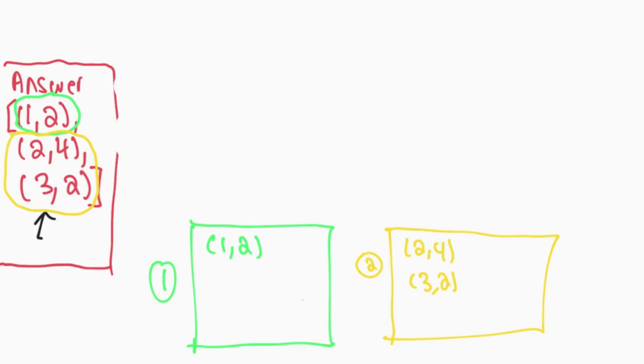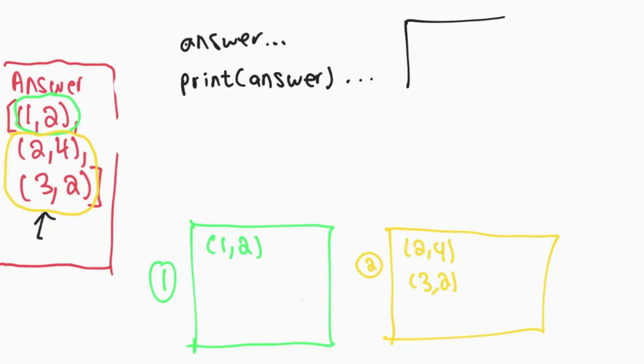If I was to do print, and if we had this thing called answer, okay, so answer was how we got there, whether with the ReduceByKey or the GroupByKey. The ReduceByKey is better. If we were to do print answer, on our driver machine, where we're writing our code, what that does is it outputs this thing.